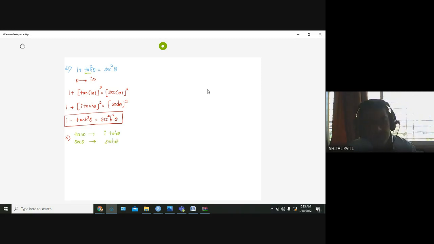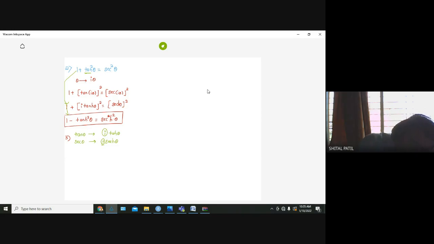Whenever I want to convert sec theta into hyperbolic theta, the coefficient is 1. This is important. Coefficient is 1 here, coefficient is I here. So with 1 there is no change, it stays as it is.